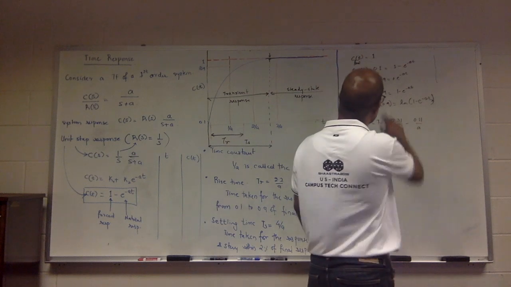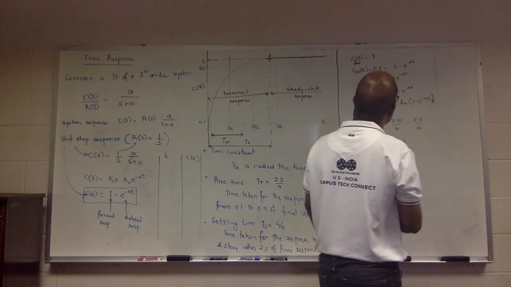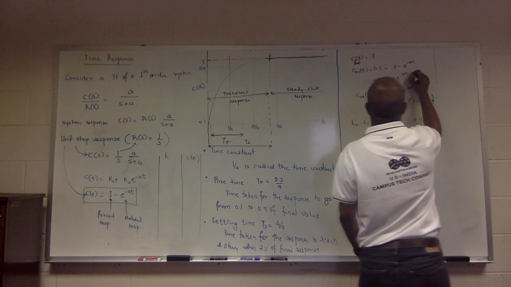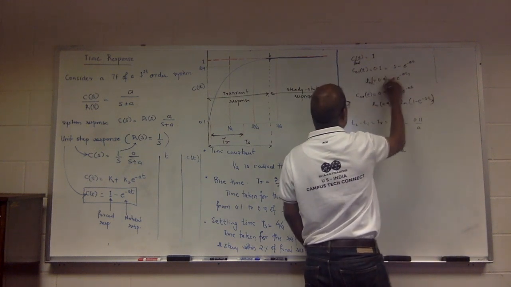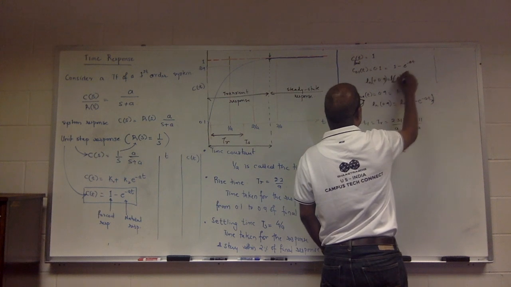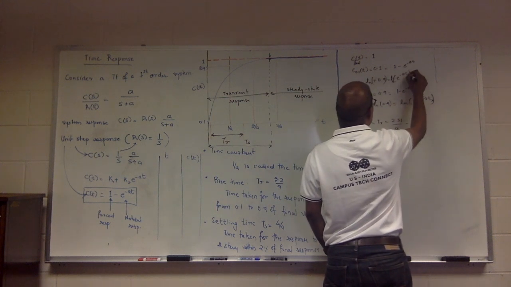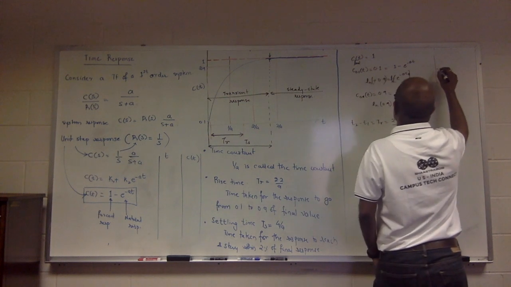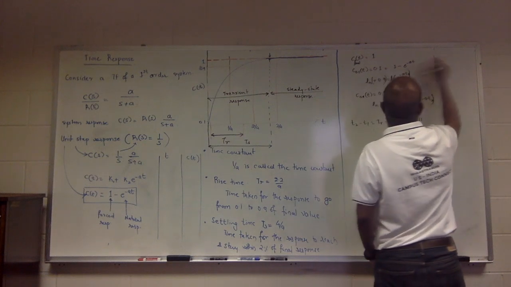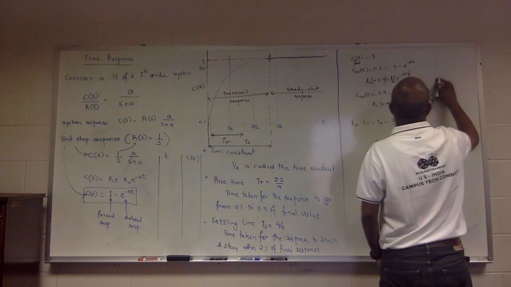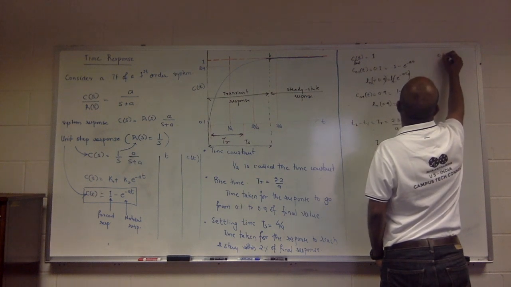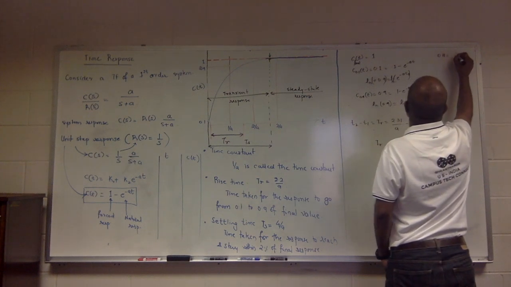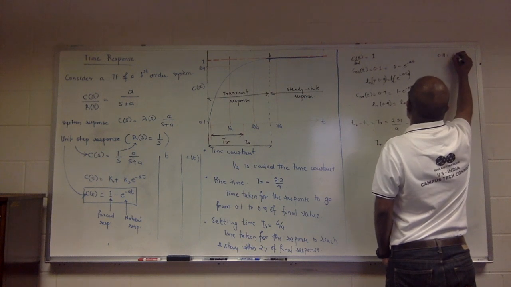Okay. And if you solve for this, now you take the ln on either side. Okay, this is T1. Tell me ln of 0.9. I think it is 0.11.